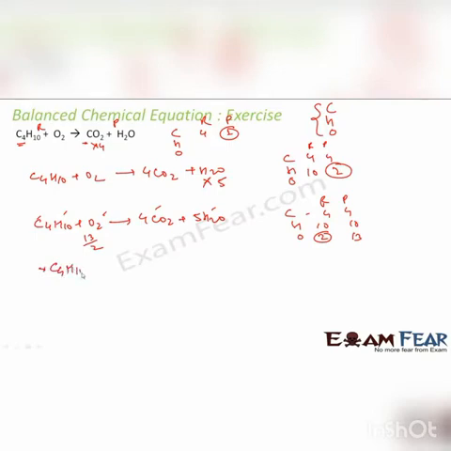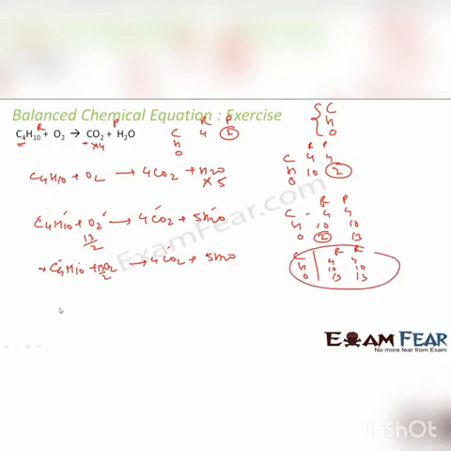So C4H10 plus 13 by 2 O2 is equal to 4CO2 plus 5H2O. Now if you compare CHO, carbon is 4 and 4. Hydrogen is 10 here, 10 here. Oxygen is 13 by 2 into 2, 13 here. Here you have 4 into 2, 8 plus 5.